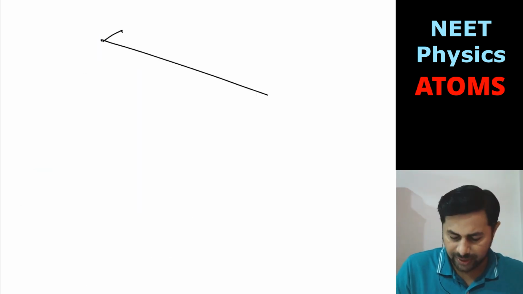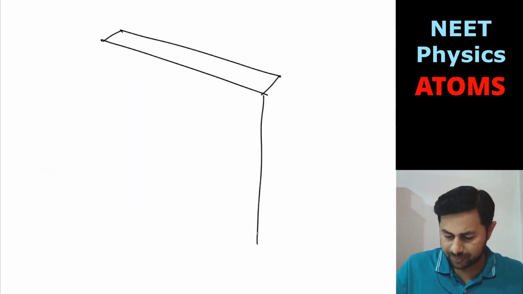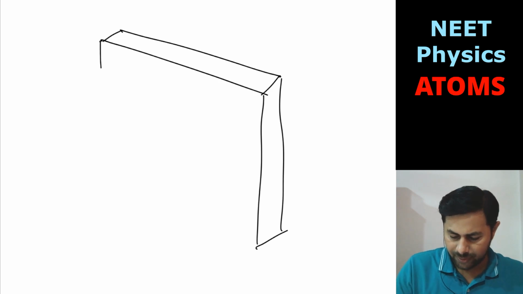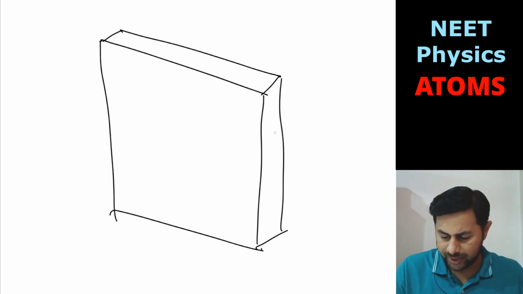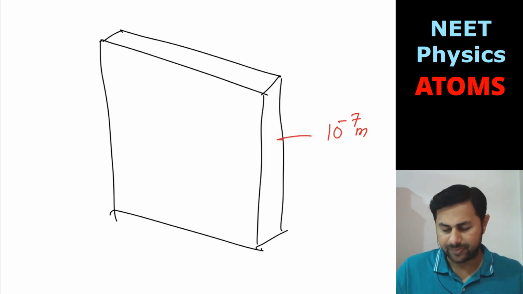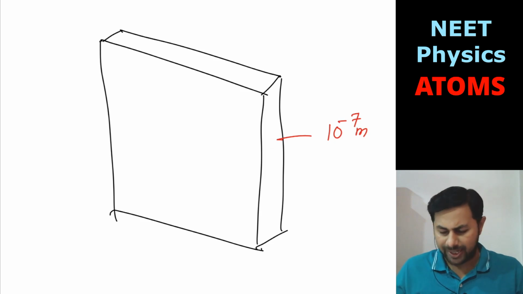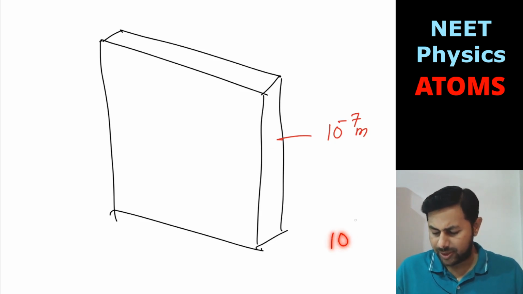See, thickness is very small. The thickness of the gold foil is only of the order of 10 raised to minus 7 meters, and the size of atoms is of the order of 10 raised to minus 10 meters.